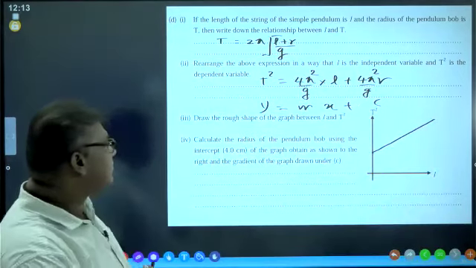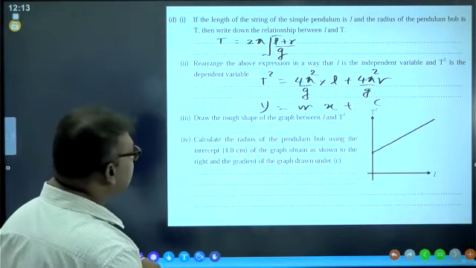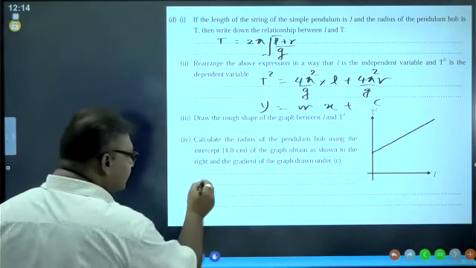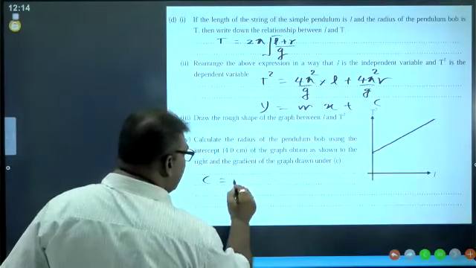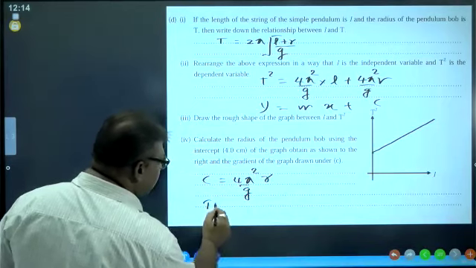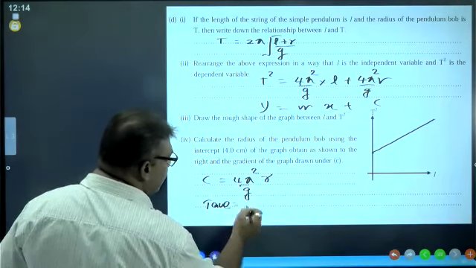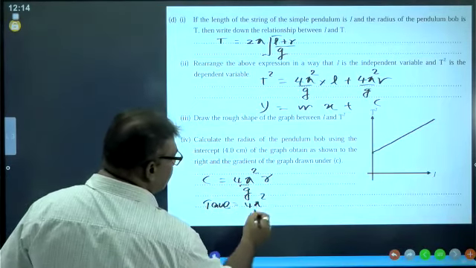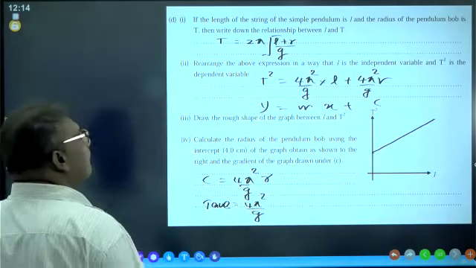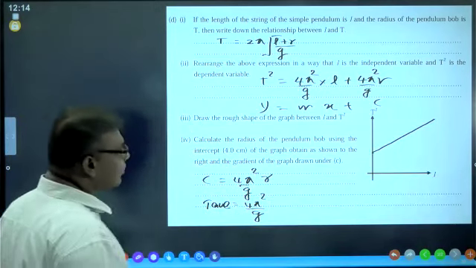Calculate the radius of the pendulum bob using the intercept of the graph. Intercept equals 4 pi squared r over g. The gradient of the graph represents 4 pi squared over g.